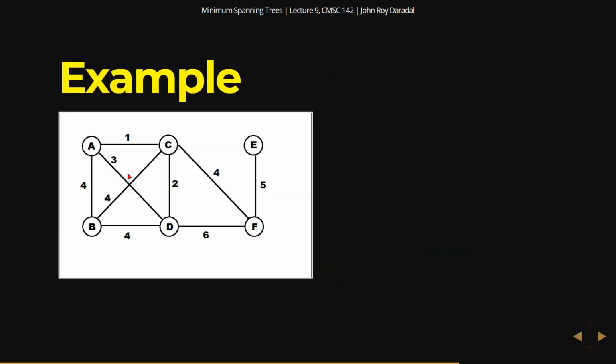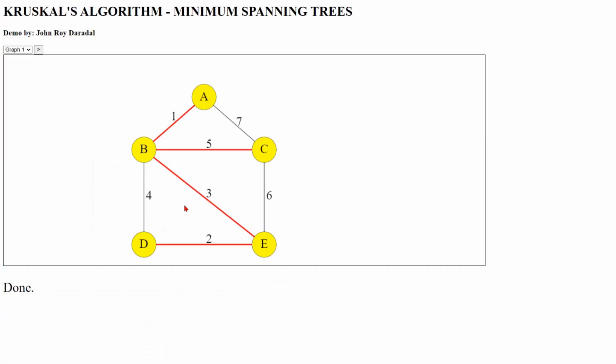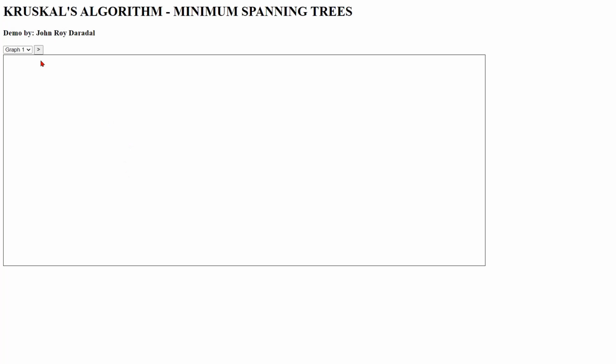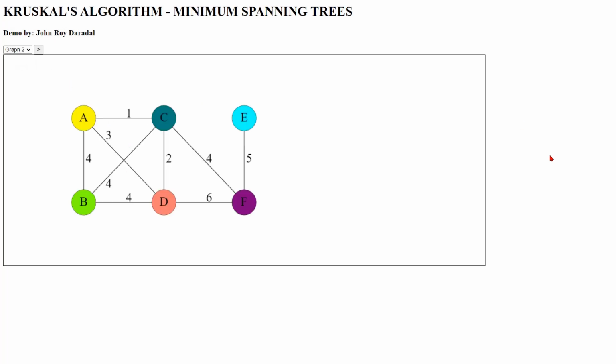This is actually the same example earlier sa Prims, but let's see how Kruskal's will solve it. So let's go to graph 2. So initially, again, they start with their own components, and there are 6 different colors. So let's go through the edges in ascending order. So we'll start with AC with 1. So since there are 2 different components, we will merge these 2.